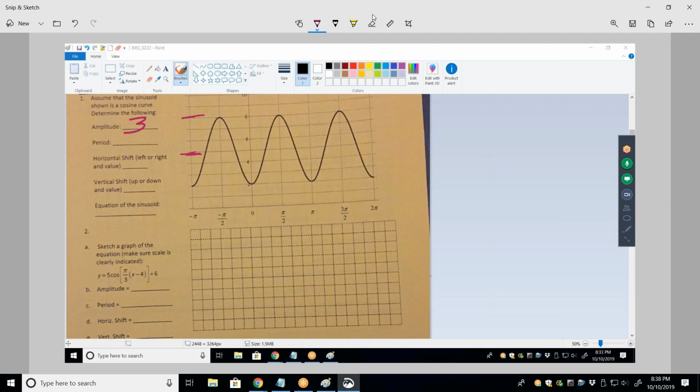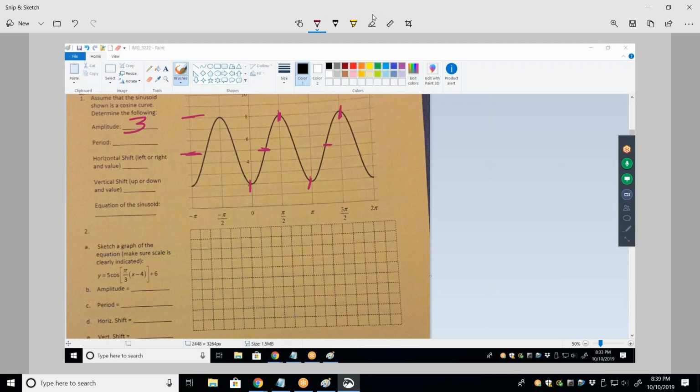Period is the distance along the x-axis of one full cycle of this curve. Cycles go from there to there, or from there to there, or from there to there. You see why each of those is a full cycle?